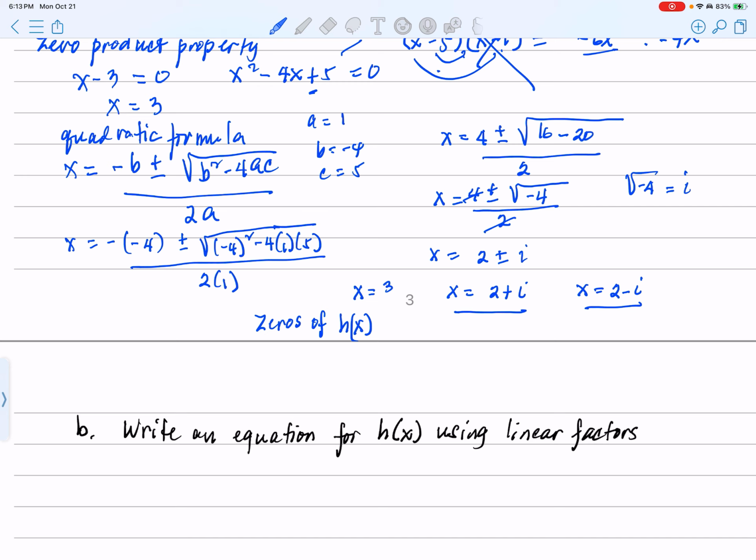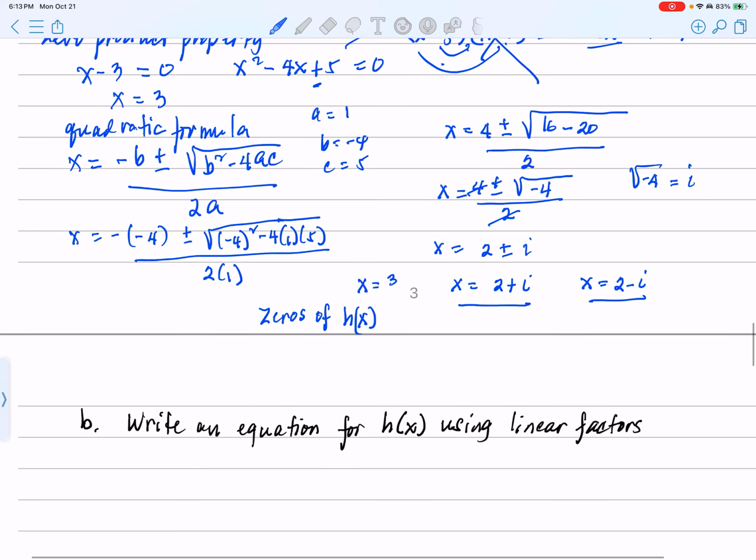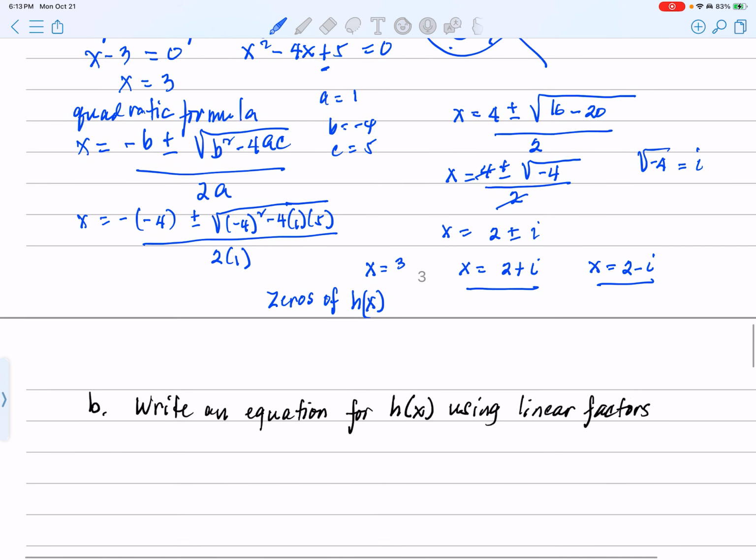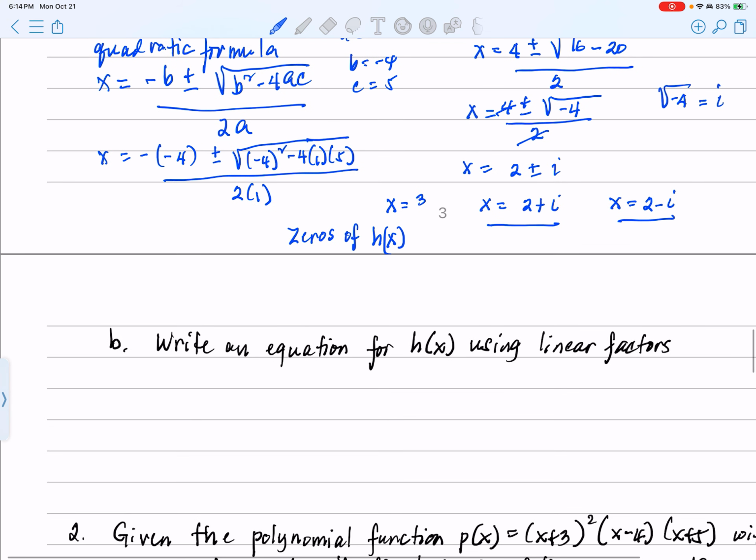In part A, we found that x equals 3, x equals 2 plus i, and x equals 2 minus i. So we can apply the zero product property in reverse.